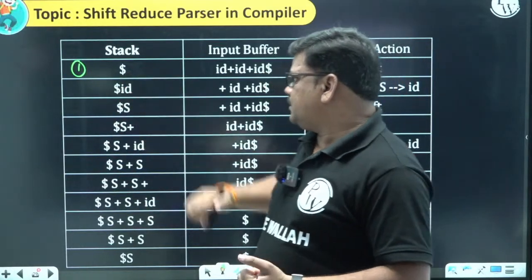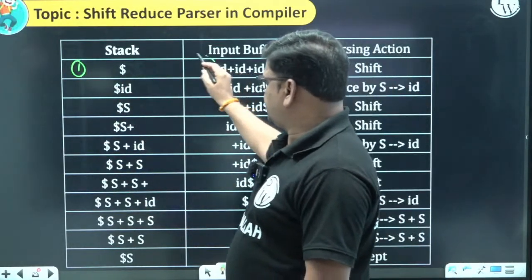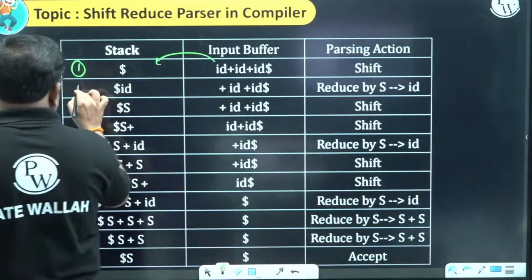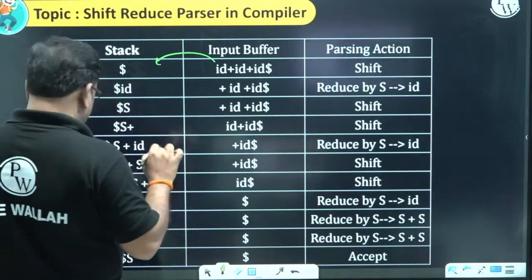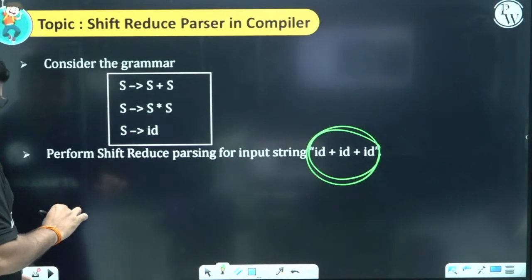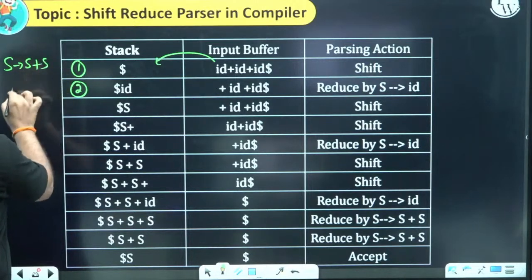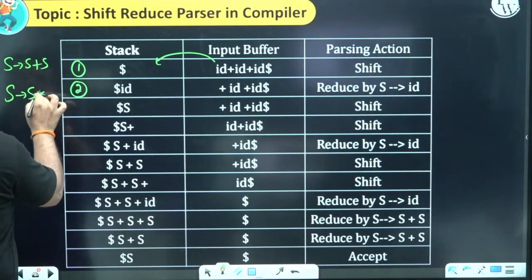Here nothing is there in the stack, so first perform shift action. This is shifted into the stack. The grammar is S gives S plus S, S gives S star S.